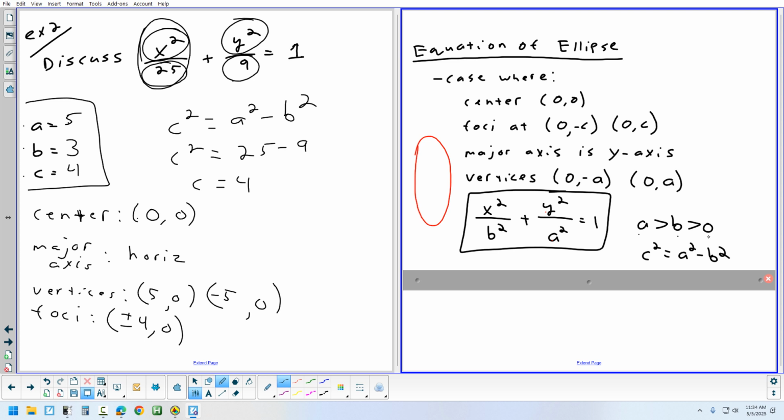But the difference now is everything is above and below the center. And that's because the major axis is going to go up and down now. So all your important points are on the major axis. Vertices, foci, center. There's 5. 2 vertices, 2 foci, 1 center.